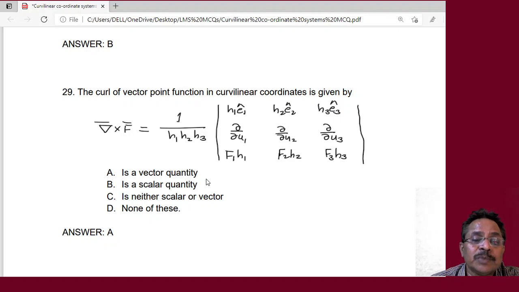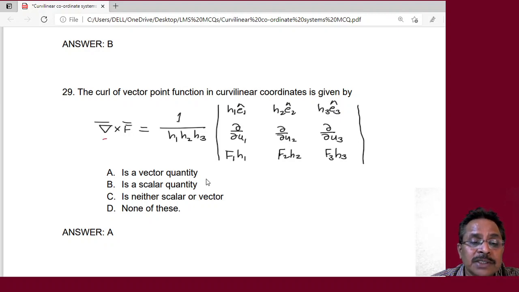The second row is the partial differentiation with respect to the first direction, del by del u1, the second direction, del by del u2, and the third direction, del by del u3. Then the components of the vector point function f1, f2, f3 multiplied by the three respective scalar factors h1, so it is f1 h1, f2 h2 and f3 h3.